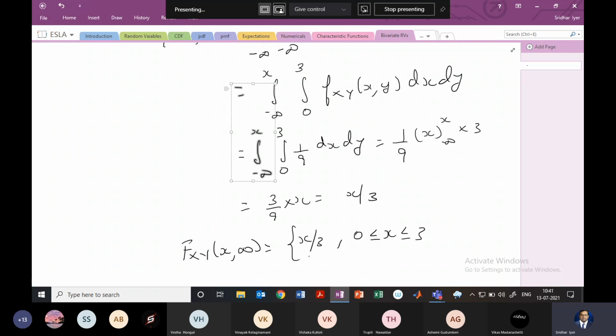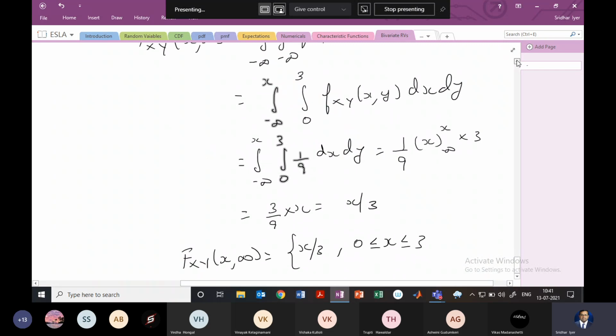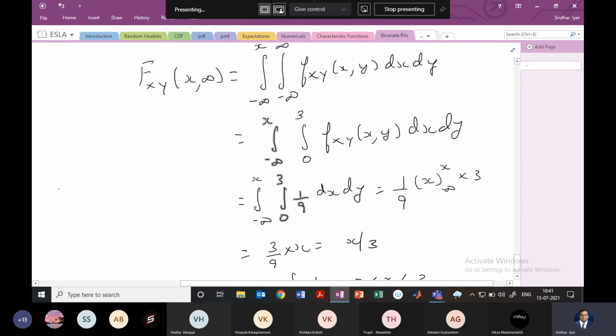So I'll leave this part up with you on the screen. Please let me know what is the other value. The other value which we need to find, I'll write it on the left hand side, is fxy of infinity comma y. Let me know what value you get.